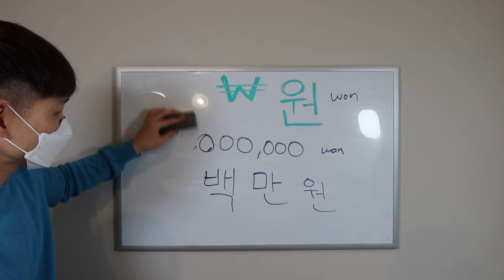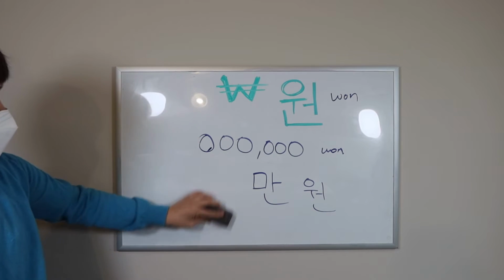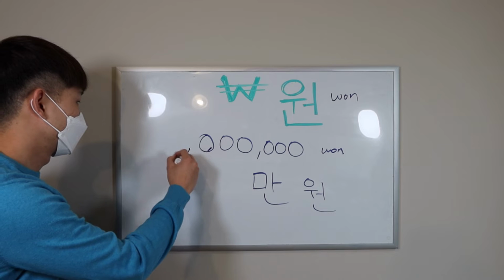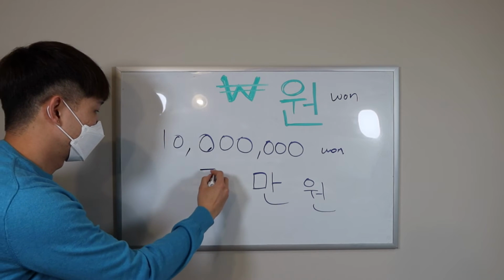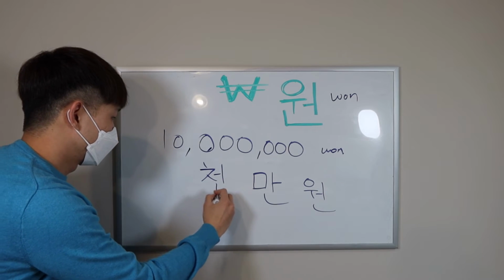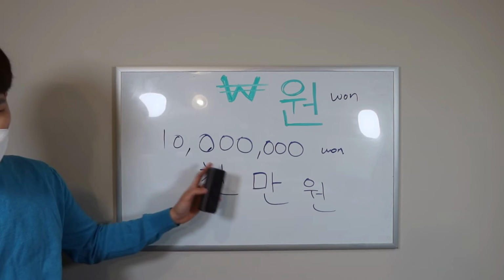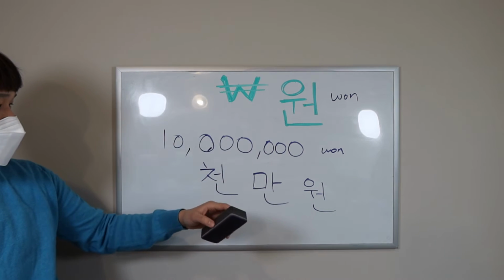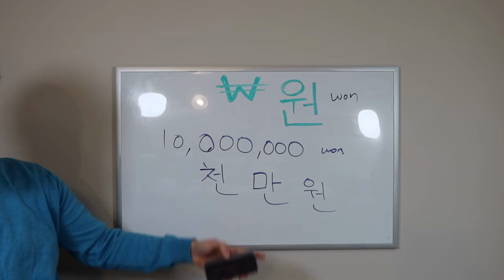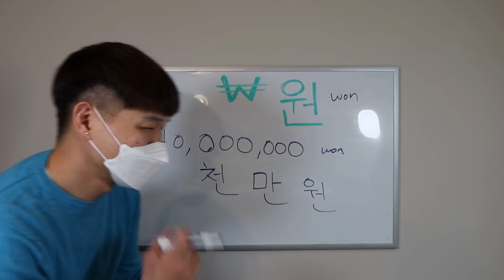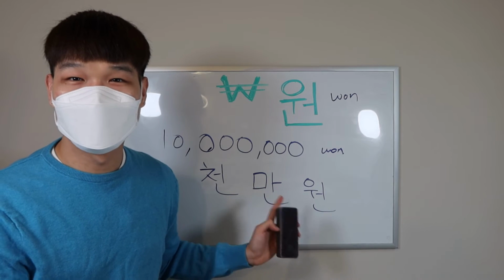And then 천만 won: 1,000 times 10,000 won. 10 million won. So this is 천만 won.